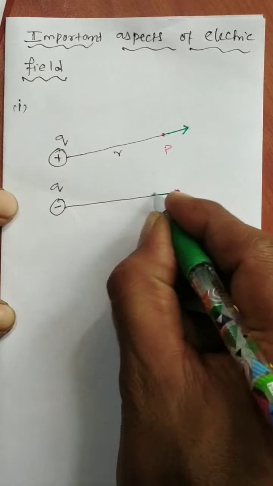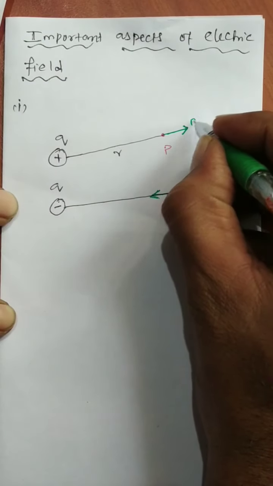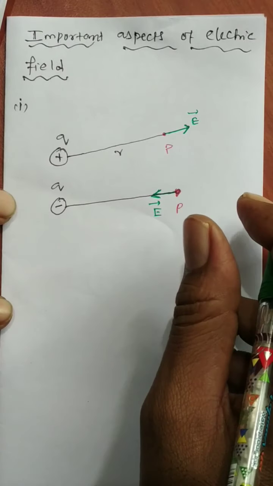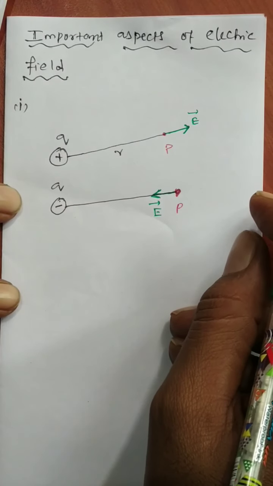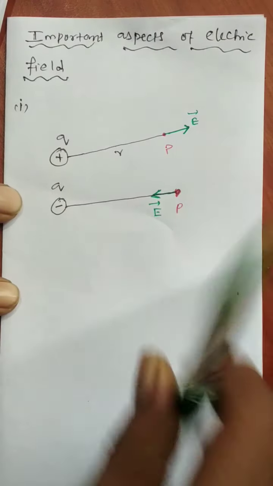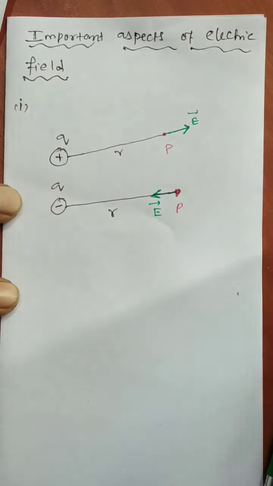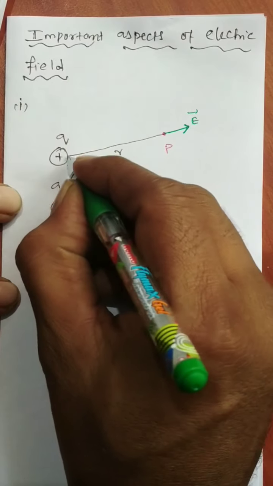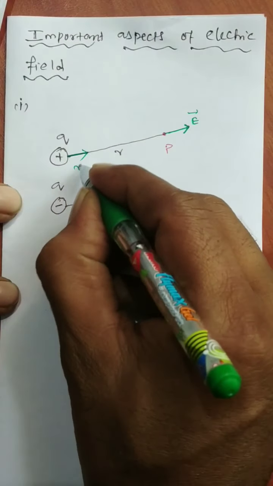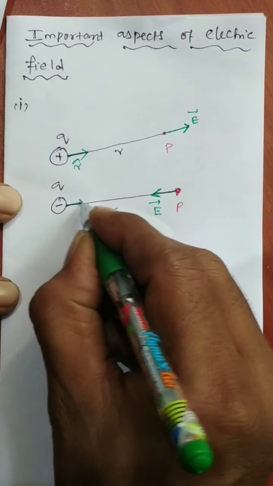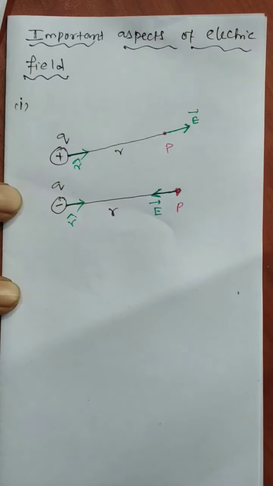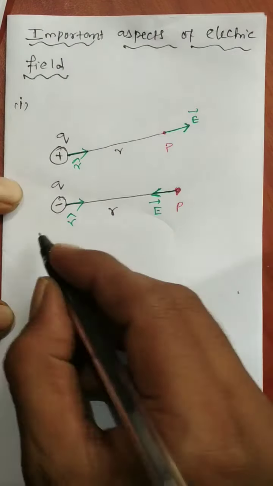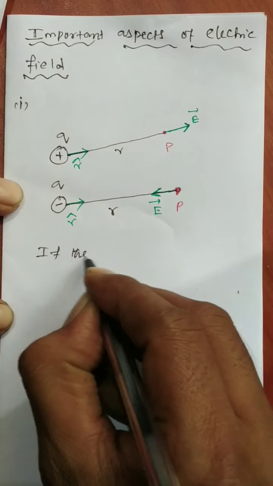The unit vector which is going to act here is r cap, the same way, r cap.